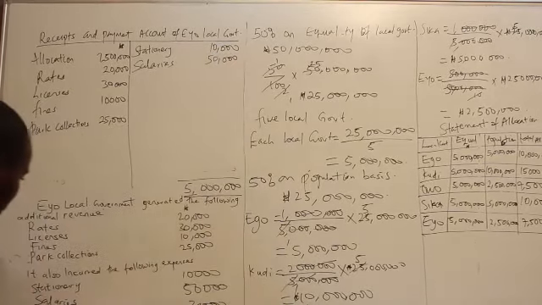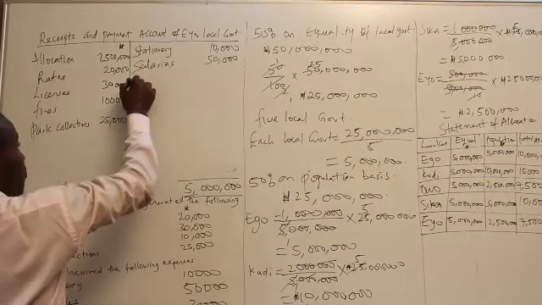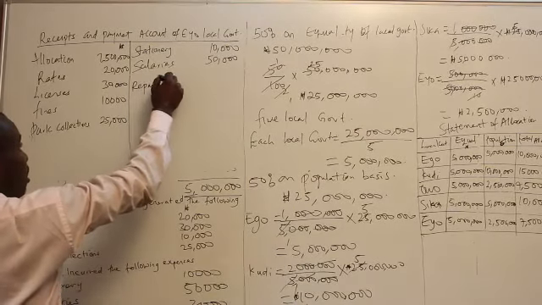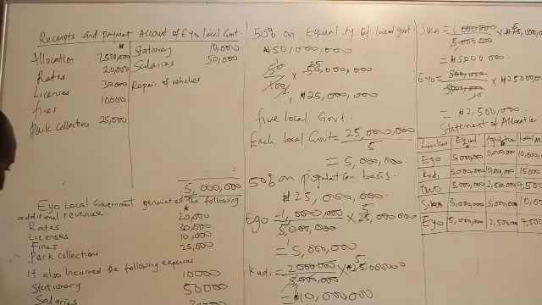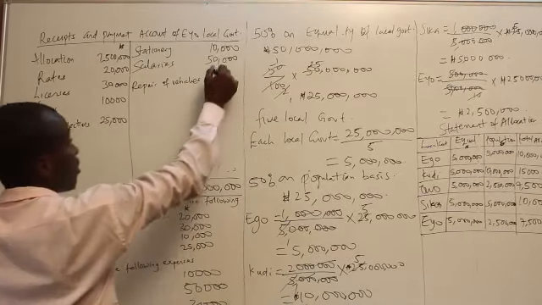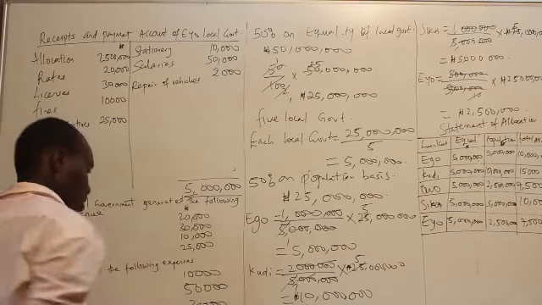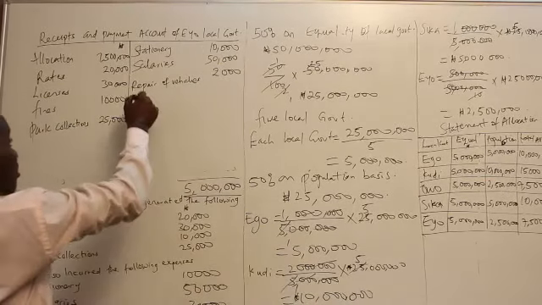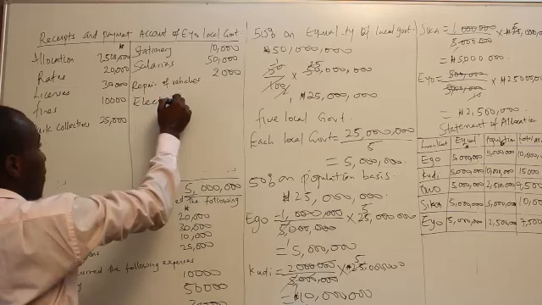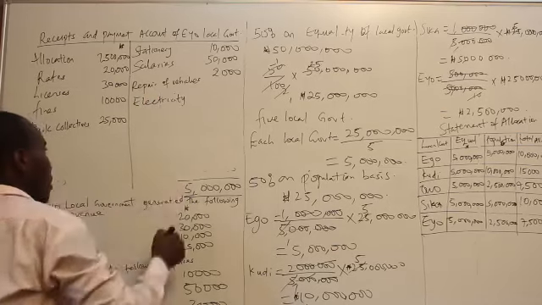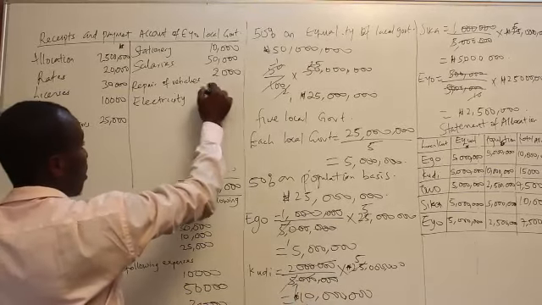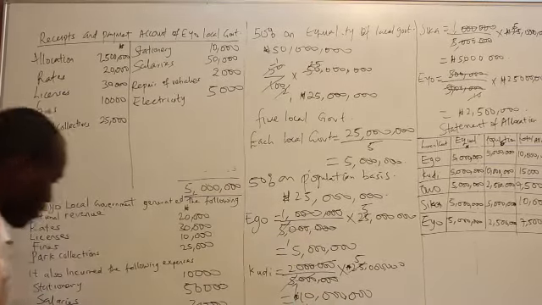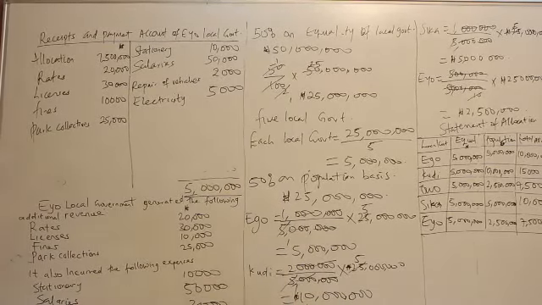We have repairs of vehicles, 2,000 naira. We have electricity, which is going to be 5,000 naira. What again do you have? I think that is all. So we can balance the account now.